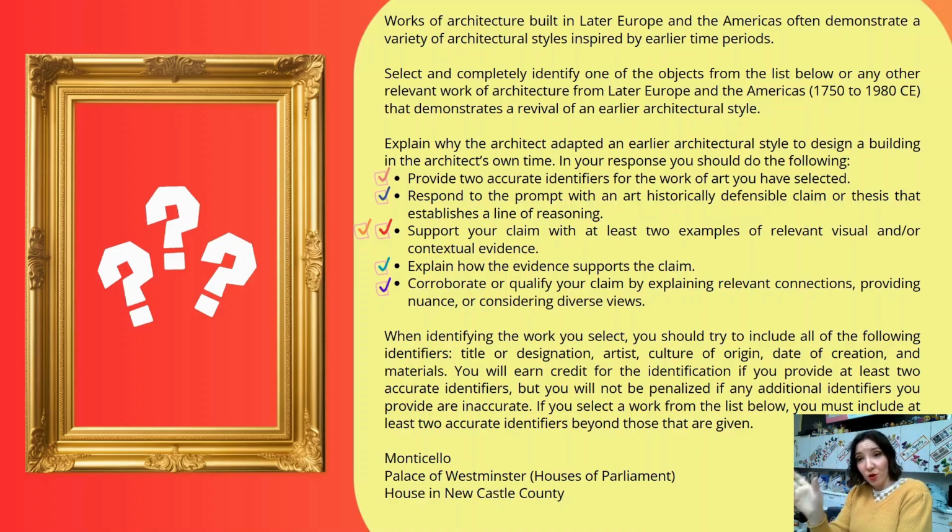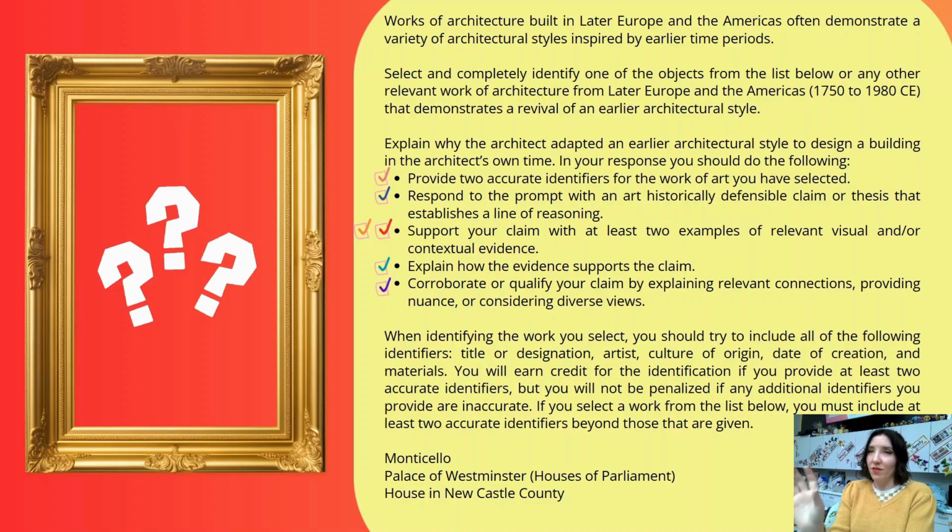So we have another choice, just like the compare and contrast FRQ. We choose one of these pieces, whichever one you feel you can talk about the being inspired part the most, something that you have the most evidence for in the back of your brain. For my class last year, that was going to be Monticello, so most of them wrote about Monticello. For this, I'm going to write about Parliament because I think it's interesting.